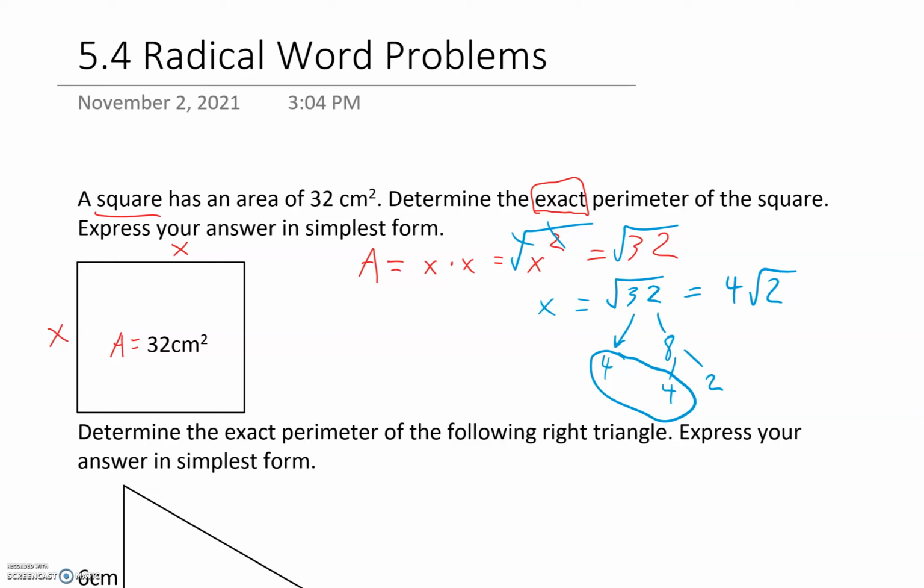And now if we're looking for the perimeter, we can say that it's 4 times x, or x plus x plus x plus x, all sides added together. Now x is 4 root 2, so the perimeter is 16 root 2.